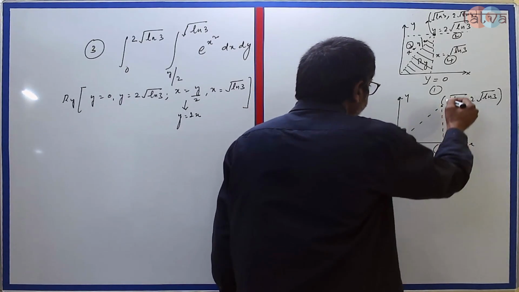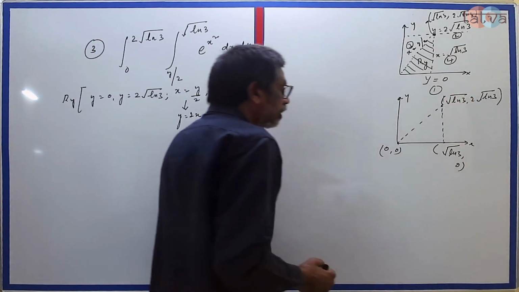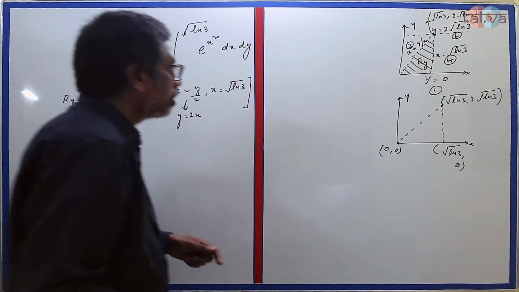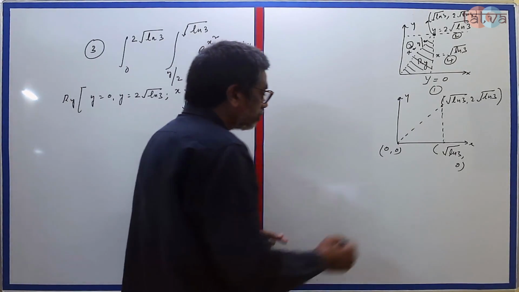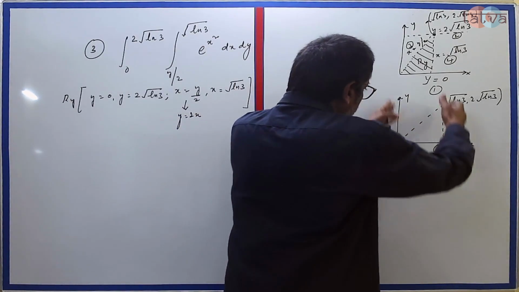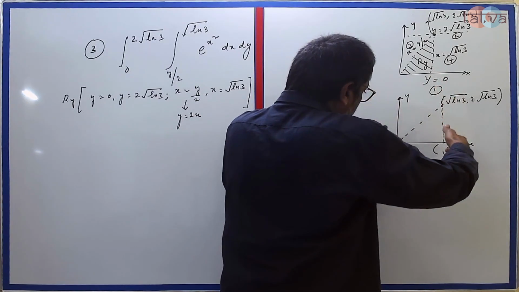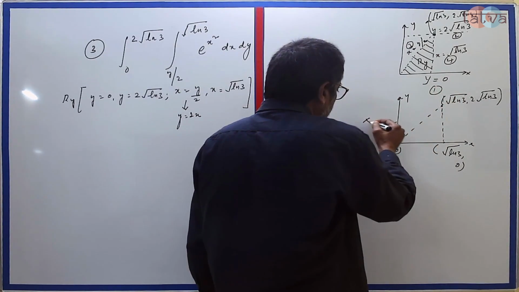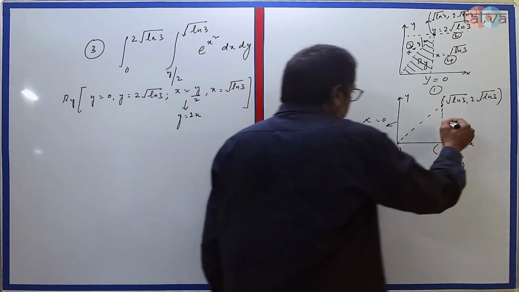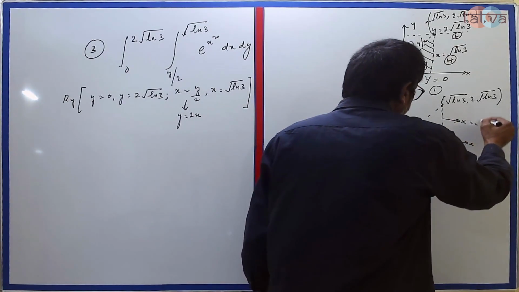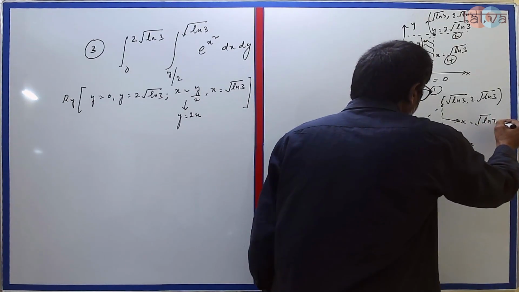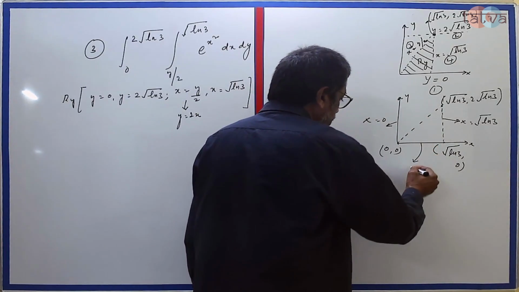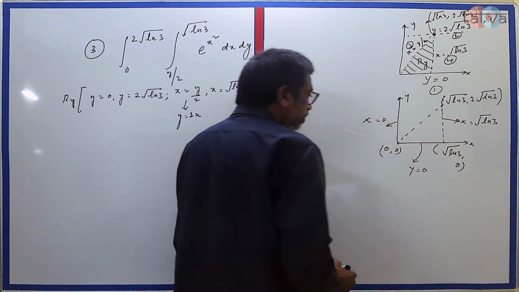And let's try to figure out the limits now. We are trying to see this as an Rx region. So we are fixing it within the vertical frame. So with this as the left vertical, this as the right vertical. This is the lower curve with equation y is equal to 0.